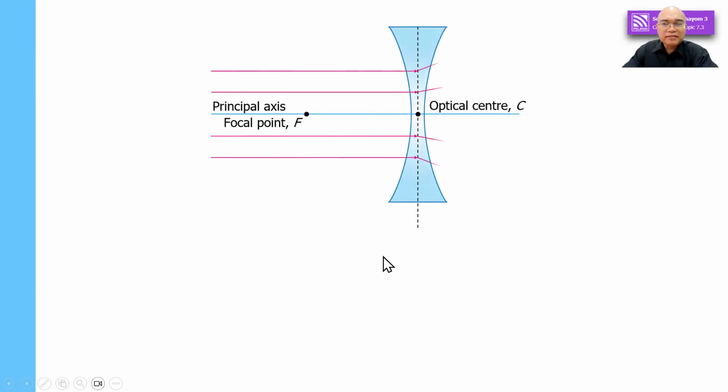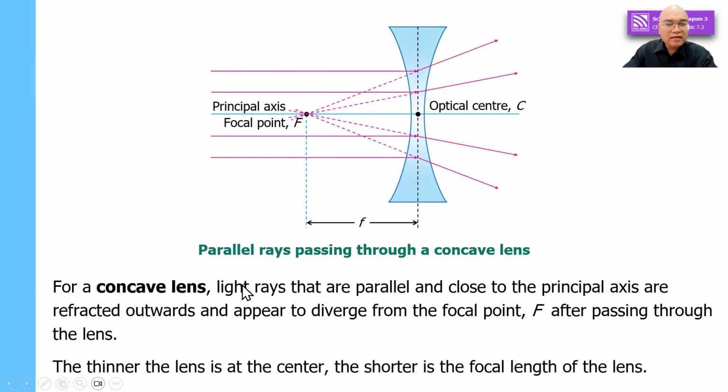Now what about this concave lens? So we see the parallel rays passing through a concave lens, all right? So what happens? They go back right here. They are refracted. So for a concave lens, light rays that are parallel, 1, 2, 3, 4, 5, and close to the principal axis are refracted outwards.